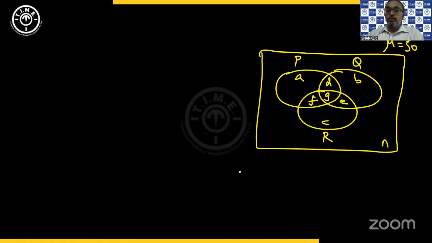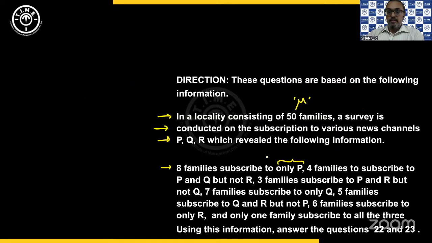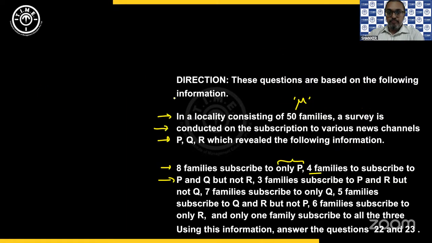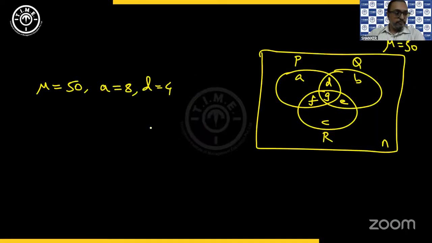So the small a value is given to us, and it is 8. Then 4 families subscribe to P and Q, but not R. So both P and Q intersection, not R, means outside R. Common to P and Q but not R, that is the D value. The D value is given to us, that is 4.